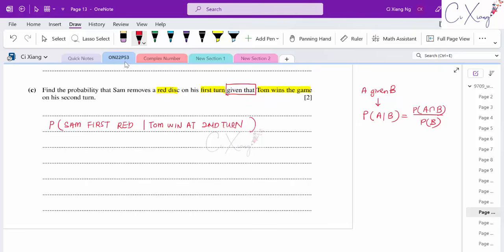So according to the definition of conditional probability, we have A intersect B, where I have Sam's first color is red intersect with Tom wins at the second turn, divided by the probability of Tom wins at the second turn.